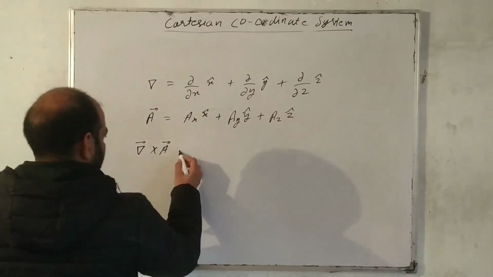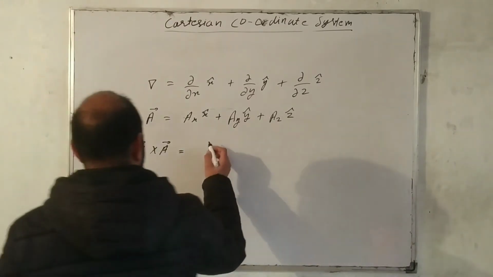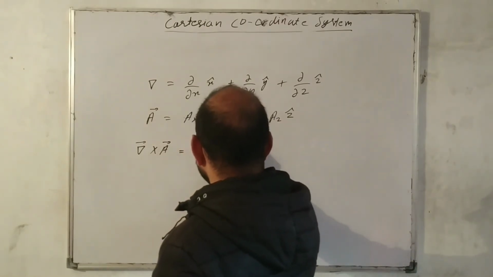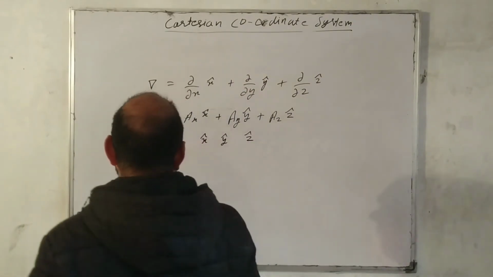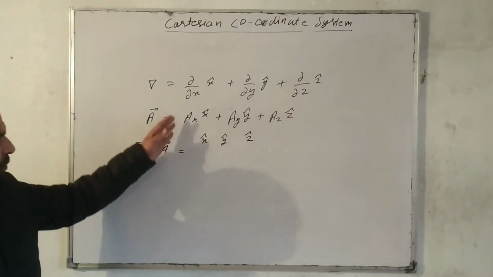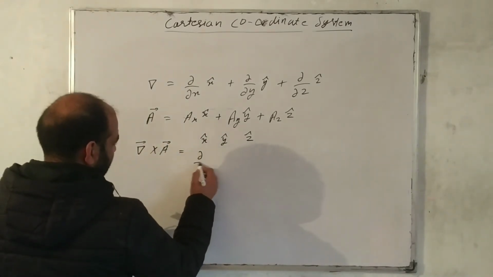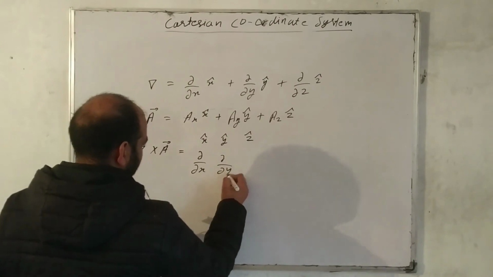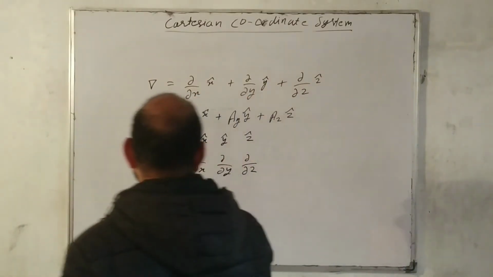The shortest method to calculate the curl of A is to first write the directions here: x cap, y cap, z cap. Then write the corresponding components of del: ∂/∂x, ∂/∂y, ∂/∂z.